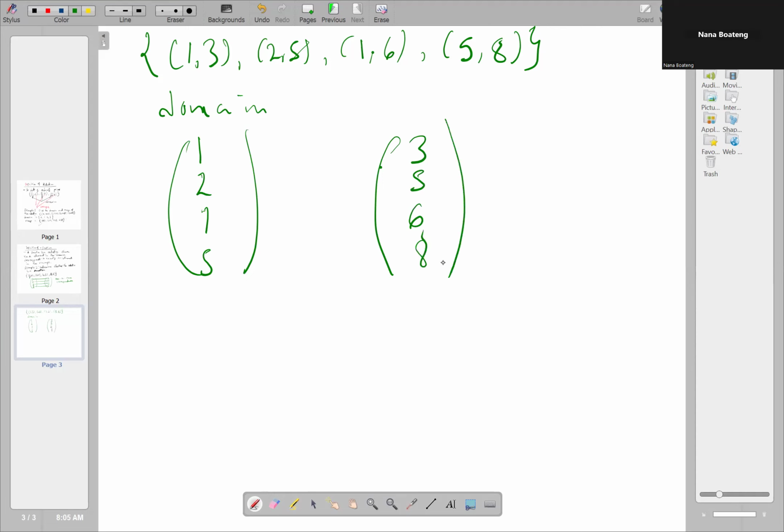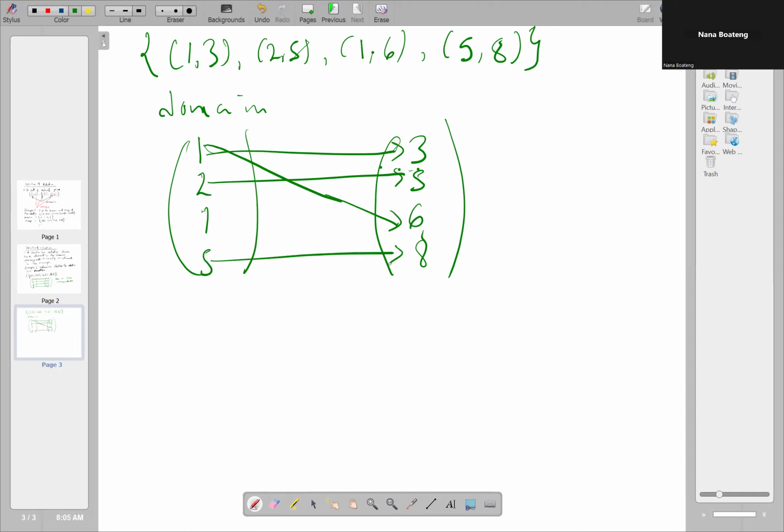If we look at this, 1 maps onto 3, 2 maps onto 5, and 1 maps onto 6 again, and 5 maps onto 8.